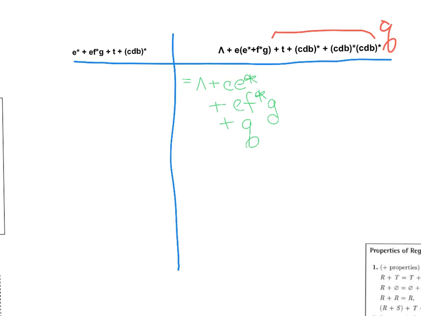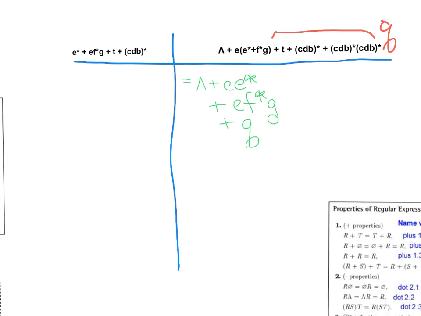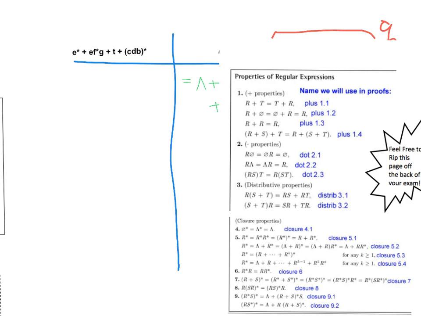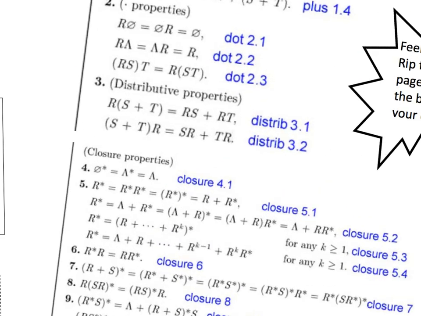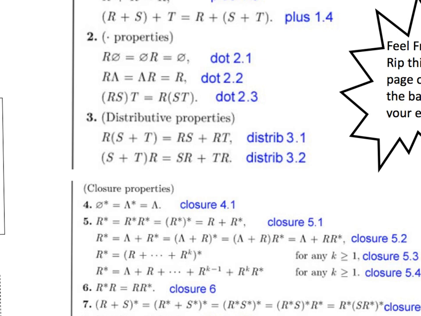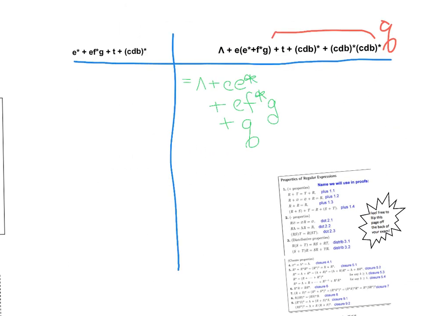And the reason for that is going to be one of the distributive rules. It looks like it's going to be this one, right? Distributed 3.1. Okay. So I'm going to say it is by distributed 3.1, and I have to say what the R and the S and the T are.